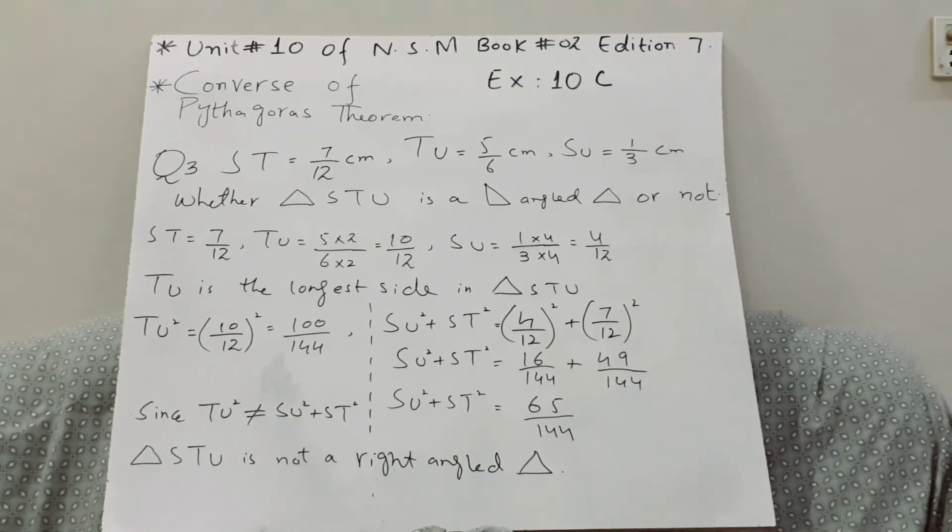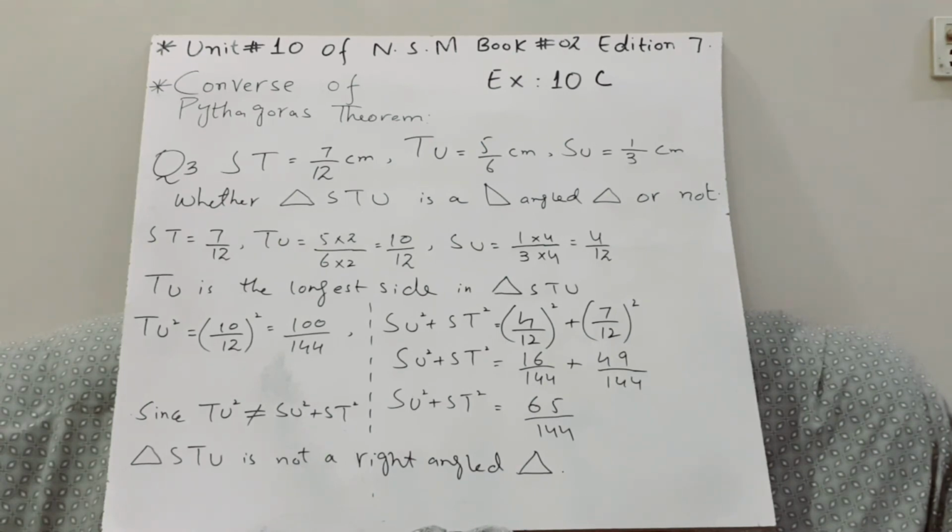So ST equals 7/12. The first side length is given as 7/12, so we need to make the other two sides' denominators 12. TU is given as 5/6. To make the denominator 12, we multiply 6 by 2, since 6 times 2 is 12.